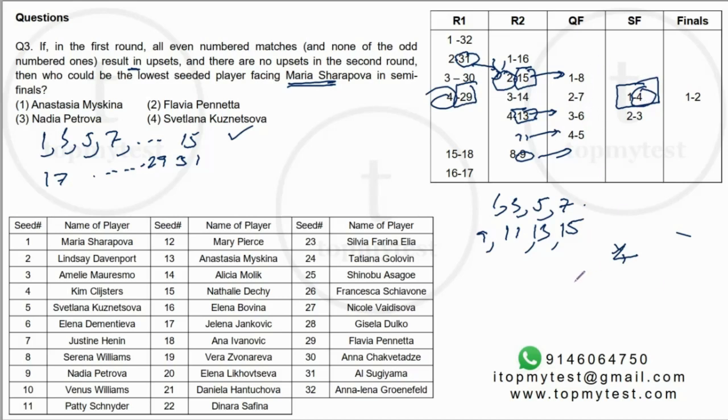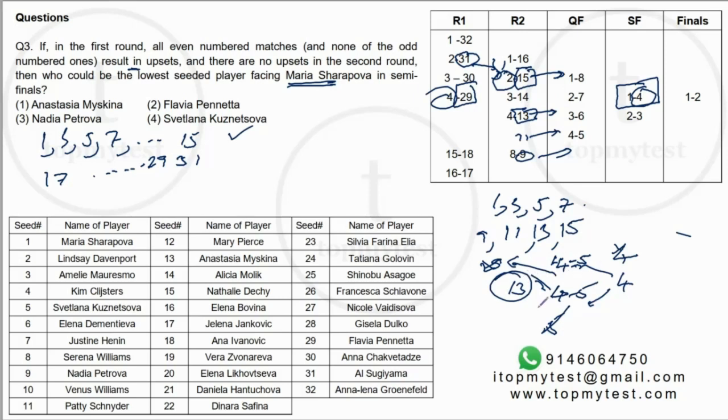Now let's see in the previous round. In the previous round, 4 was supposed to play 5. And in the round before that, instead of 4, you would have 29 coming in, but 29 will lose. Instead of 5 coming in, 5 would be there. Who would 29 lose to? 29 will lose to 13.